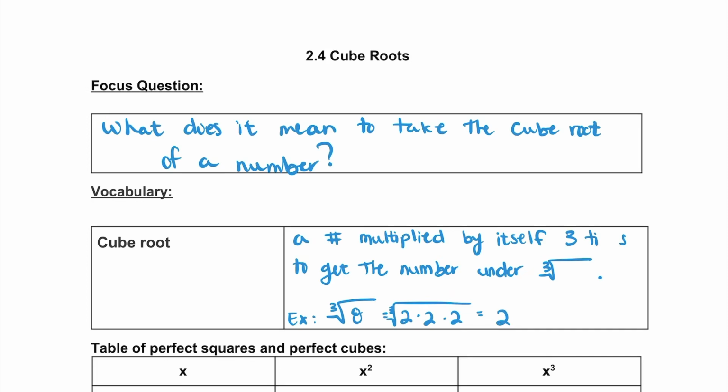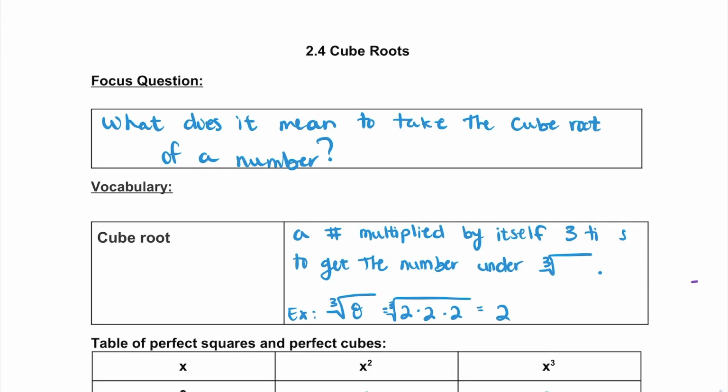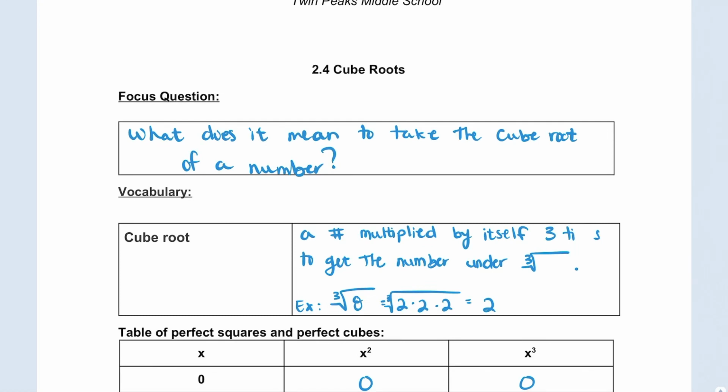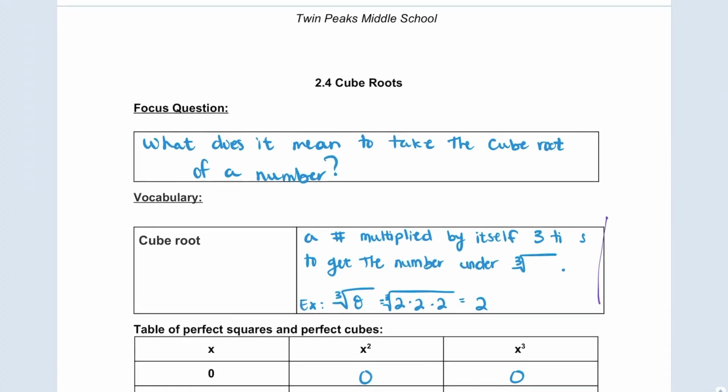Well, let's talk about what exactly is a cube root, and you'll notice that the definition here is pretty similar to our definition for a square root, right? It's a number multiplied by itself three times to get the number under the cube root sign.